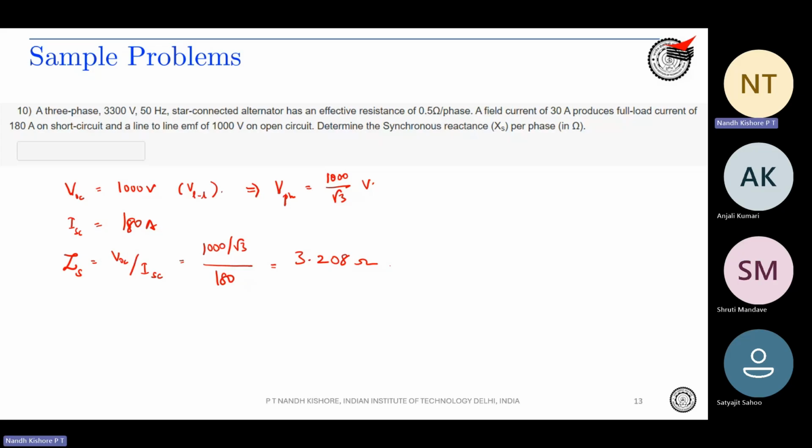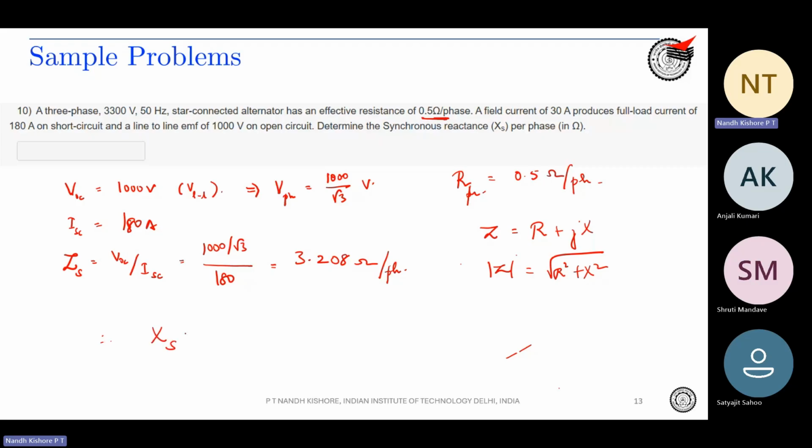They have also given what is your effective resistance of 0.5 ohms per phase, right? So they have also given what is R. R is 0.5 ohms per phase. See, this is all per phase we have calculated. So this is 3.208 ohms per phase. So what is XS then? We know that Z is equal to R plus jX, or magnitude is going to be root over R square plus X square.